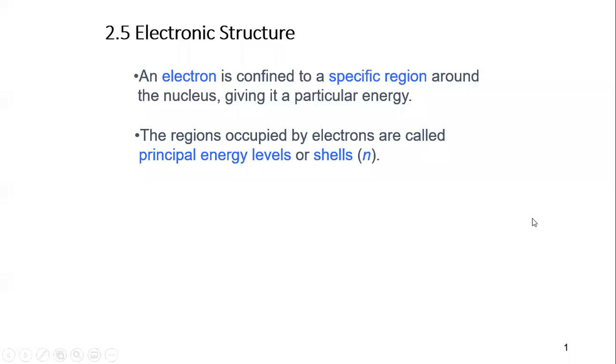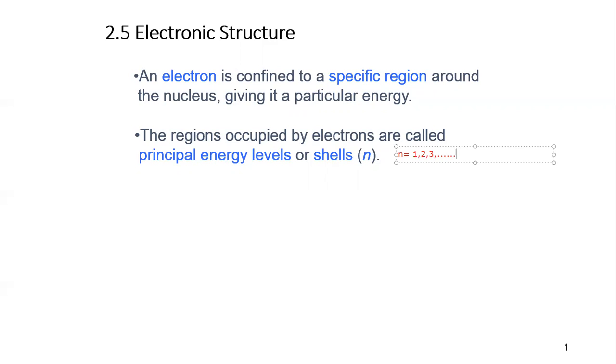So there's no 0 energy level, because 0 would signify that it's in the nucleus, and electrons can't go to the nucleus. So the first energy level starts with a 1 and it goes to infinity. So we start with n equal 1, 2, 3, and it continues.